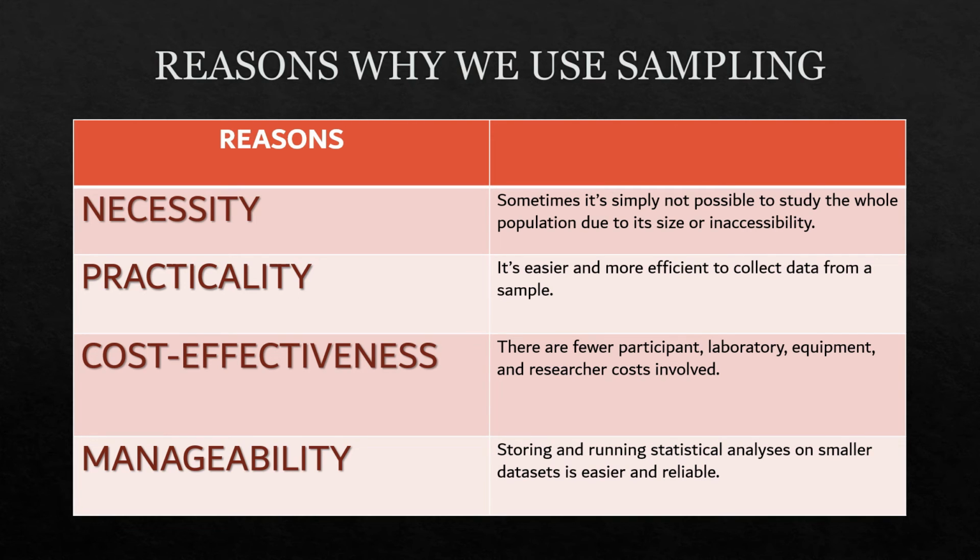Next is practicality. It's easier and more efficient to collect data from a sample. Third is cost effectiveness. There are fewer participants, laboratory equipment, and researchers' costs involved. Lastly is manageability. Storing and running statistical analysis on smaller datasets is easier and more reliable.